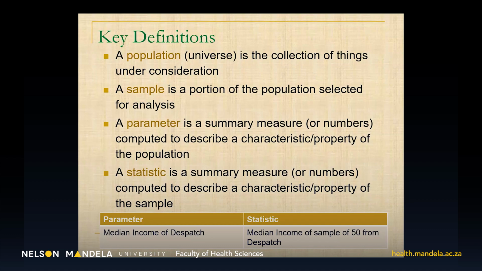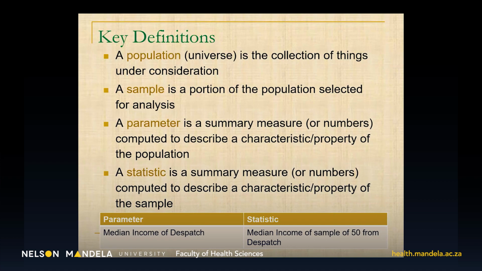Statistic describes a characteristic of a sample. I've given an example here. If we look at the parameter, say the median income of the local town of Despatch in the Nelson Mandela Bay area. Median income or average income, if you want, if that's what you're interested in, but of individuals in Despatch.